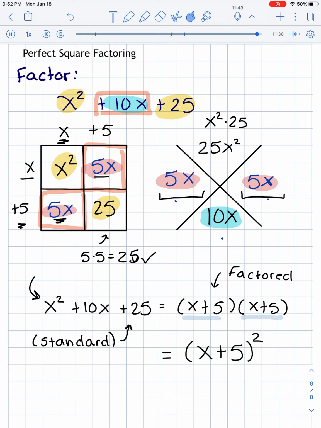And when I write that in the form x plus 5 squared, I have shown myself a perfect square. So keep this in mind as we factor, and let's get going.